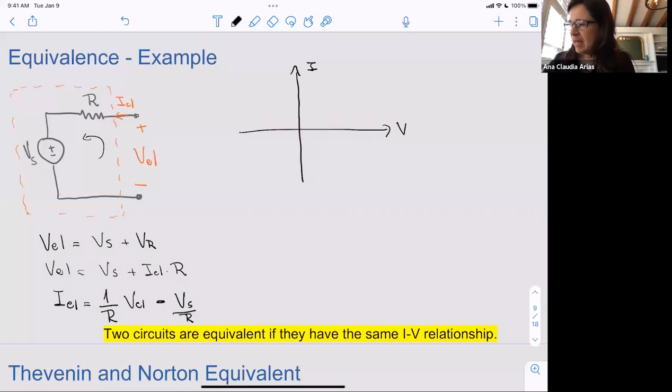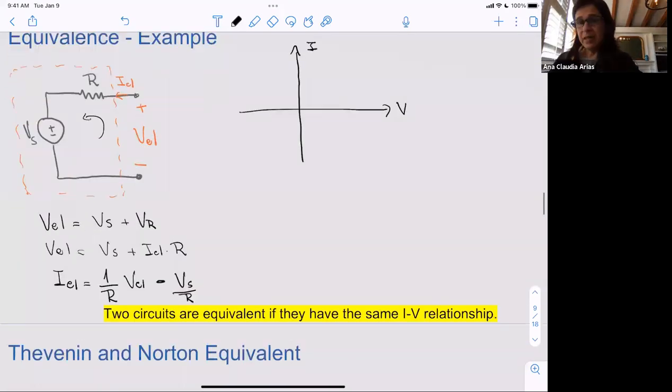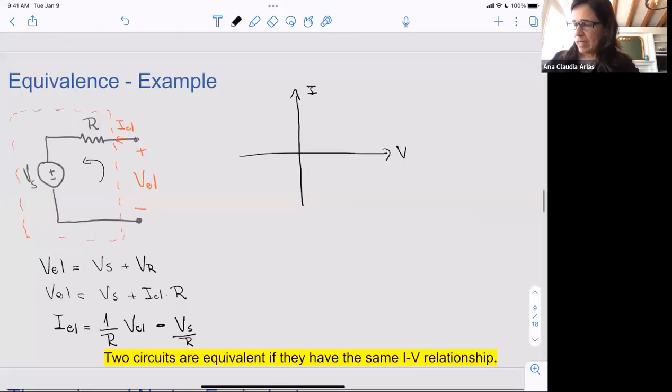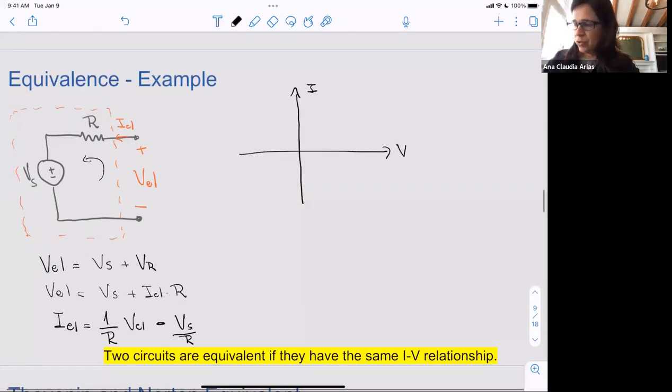So if I say when the current is 0, then I find the place in this IV relation where my line is going to cross the vertical axis. When the voltage is 0, it's going to cross the horizontal axis. So I'll find that when the voltage is 0, my line is going to cross this horizontal axis right here.